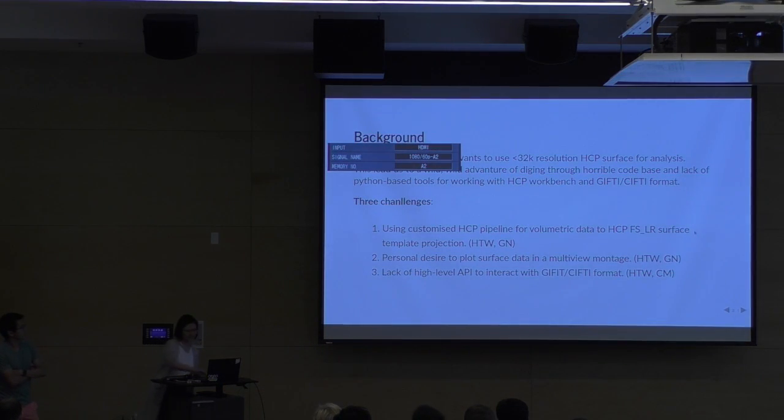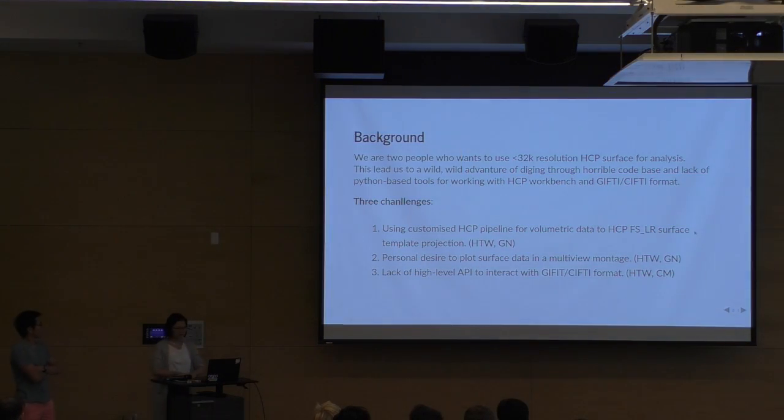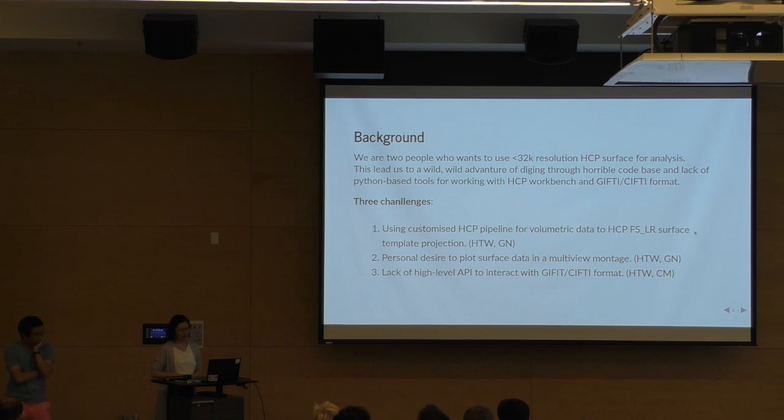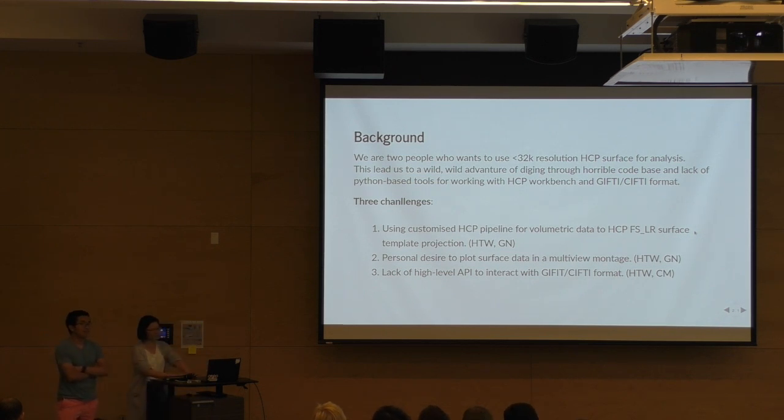Cool. Yeah. And so this leads us into a really wild adventure of digging through the horrible code base of HTTP and the lack of Python-based tools for working with HTTP Workbench and GIFT SIFT format. So there are three challenges we face. The first one is using a customized HTTP pipeline to do the final part of mapping volumetric data to HTTP surface.